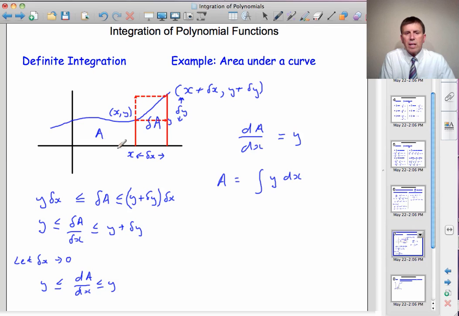I could evaluate at x is 3, and I get, again, the area measured from some arbitrary point on the left up to x is 3. Well, this arbitrary point comes from the plus c, the constant of integration. But if I subtract one from the other, let's say I subtract the area measured up to x equals 2 away from the area measured up to x equals 3, then what I will get is the area under the curve between x is 2 and x is 3. And that's what we're going to do now.